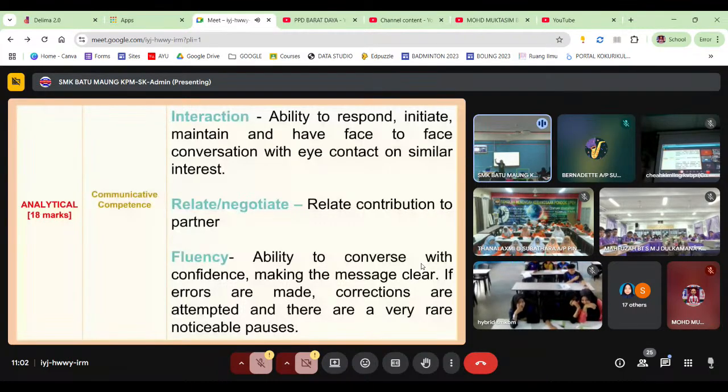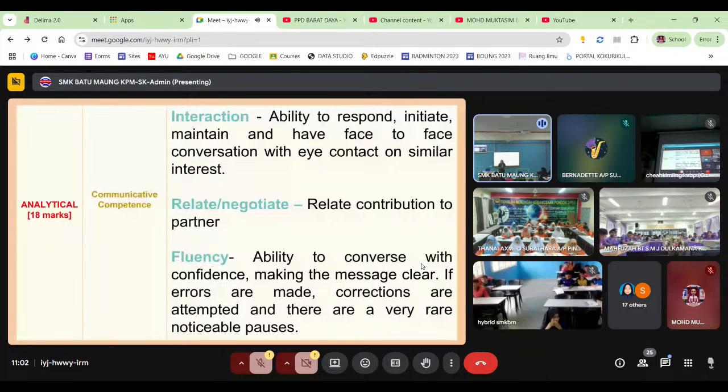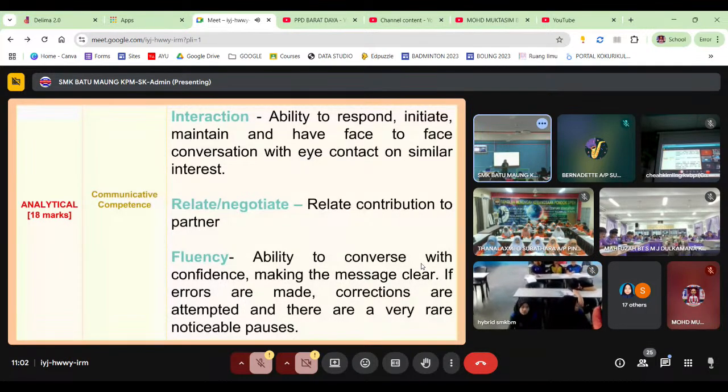Okay, now to sum up how the assessment is done, what are the 8 criteria that you need to focus on? Number 1, accuracy. Number 2, sentence structure. Use a variety of sentence structures. Number 3, use cohesive devices. Number 4, widen the range of your vocabulary. Number 5, make sure the word choice is correct and appropriate. Number 6, interaction.